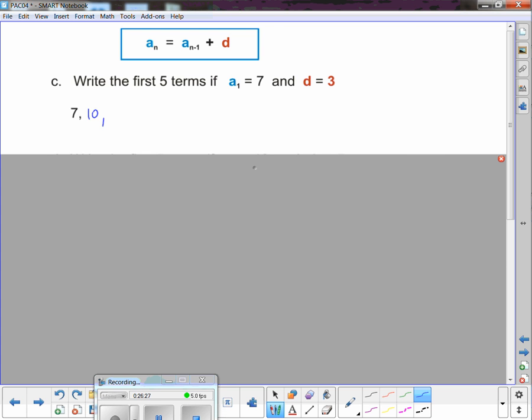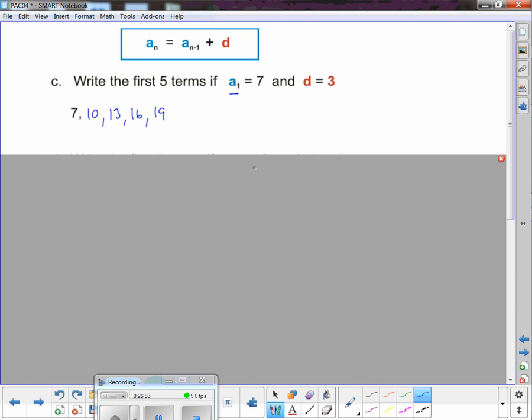Right? So look, A sub 1 said, hey, the first number is 7, so the second is 10, the third is 13, the fourth is 16, and the fifth is 19, and there are the first 5 terms of that sequence. Now we could use the formula as well, but really that's so easy to do in your head.